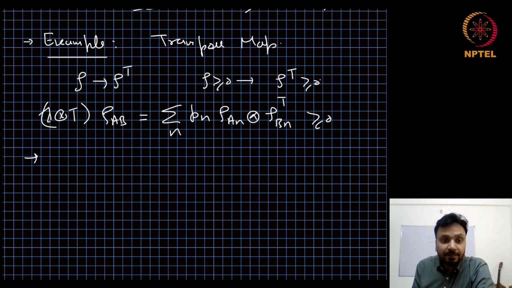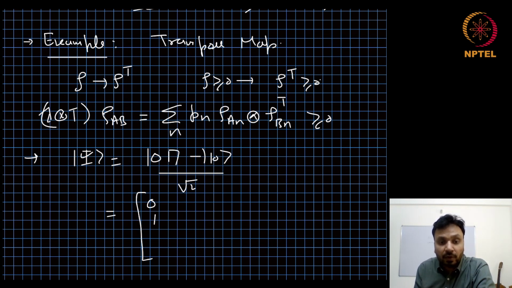But what will happen if we apply it on a state which is not a separable state? So let us take a state psi, which is (|01> minus |10>) over root 2. In vector form, it will be 0, 1 minus 1, 0 over root 2.